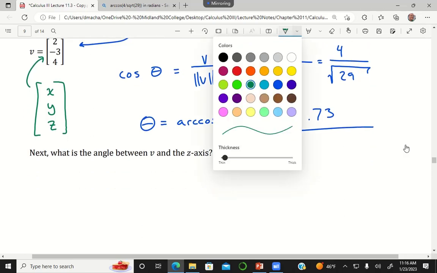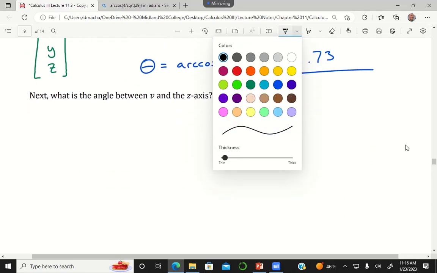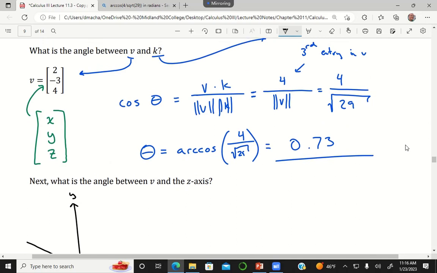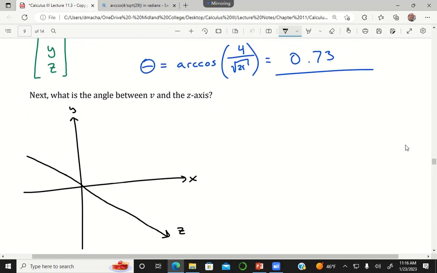So let me draw a little picture. This is my xy plane, and then here's my z-axis, making it three-dimensional. If my vector is 2, -3, 4, that means I go 2 in the x direction, -3 in the y direction, and then 4 in the z direction.